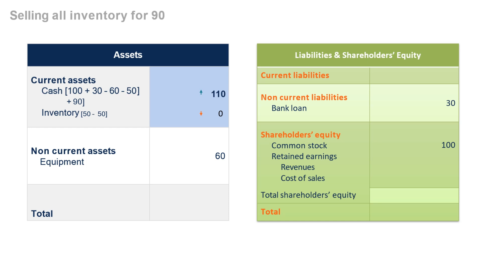And on the liabilities and shareholders' equity side, we have revenue which has increased to 90, but it cost us 50 to get that revenue, and we have a net profit of 40, which goes to the retained earnings, making the total shareholders' equity increase to 140, giving the liabilities and shareholders' equity side 170, and when we add up the asset side, we are also balancing at 170.